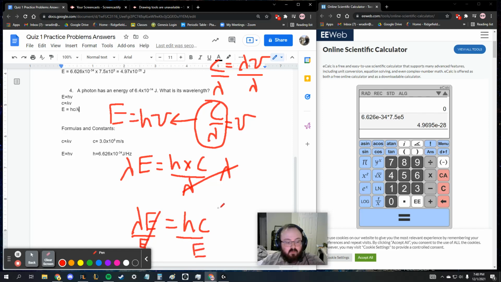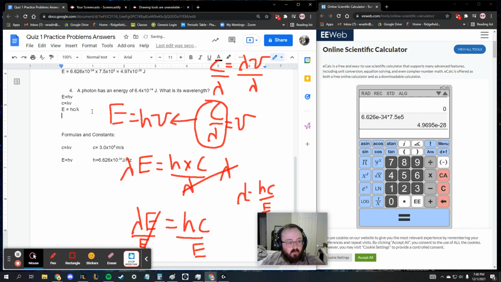The E's cancel. So lambda equals HC over E. We've now isolated for lambda with three numbers that we know what they are. Lambda equals HC divided by E. Fun fact, this lambda is actually the lowercase lambda.